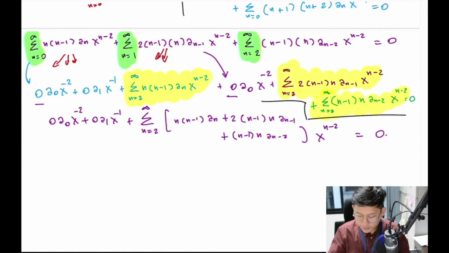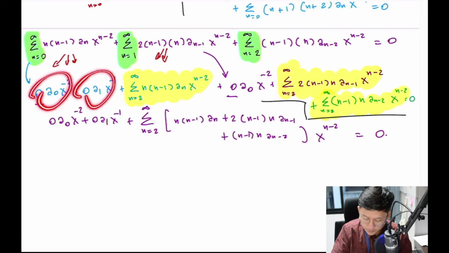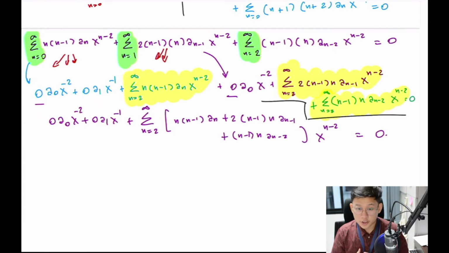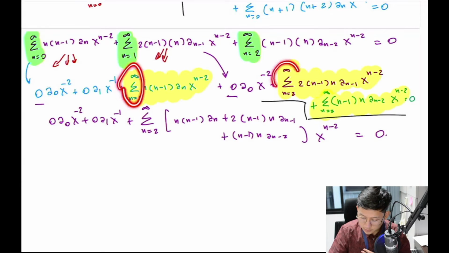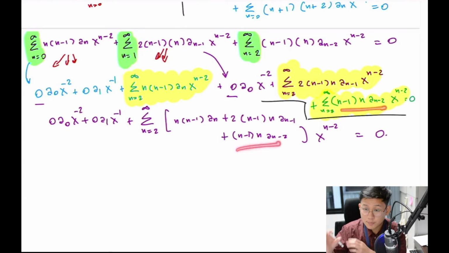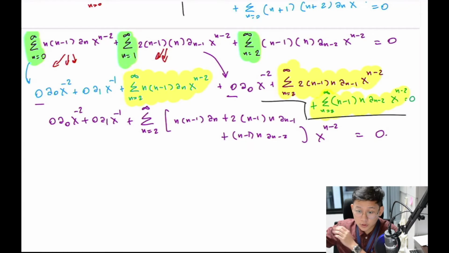And guys, this is nothing. It's this term, this term, this term. They are here, right, in the front. And then I take this summation, I group them together. So I get this coefficient here, this coefficient here, this coefficient here, and then I pull x to the n minus 2 out.